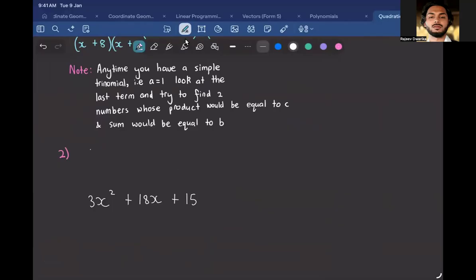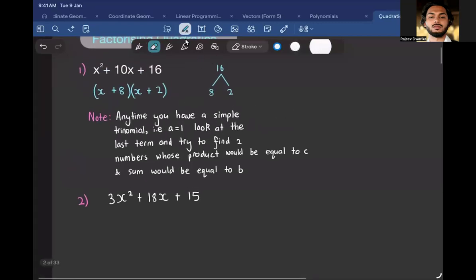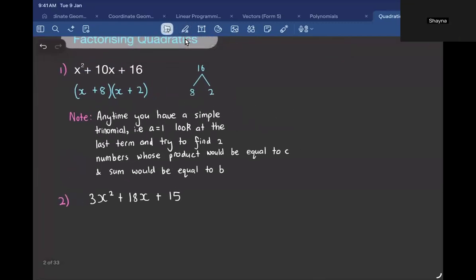Okay, Shina, would you say that 3x squared plus 18x plus 15 is a simple trinomial? No, it's not. I would not say that because the coefficient of x squared is not 1. What is the coefficient of x squared here? 3.